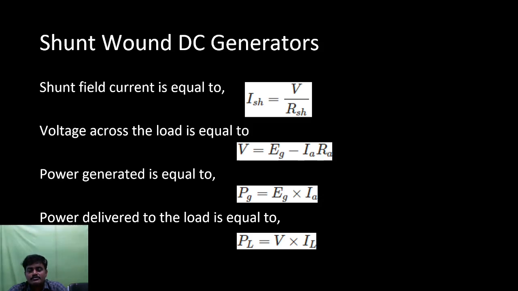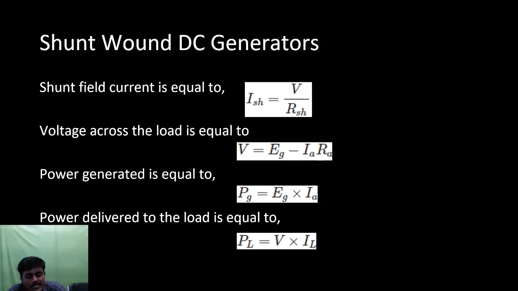The generated EMF is wasted in the armature as IA into RA, and the remaining voltage I get at the output as V. Then the power generated is equal to EG into IA, the generated EMF in the armature.